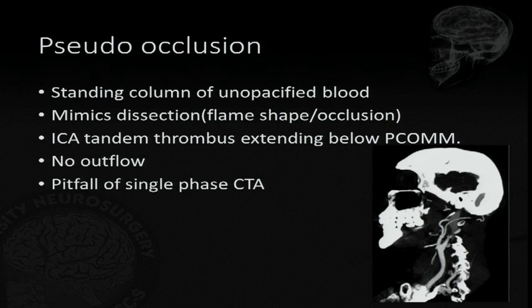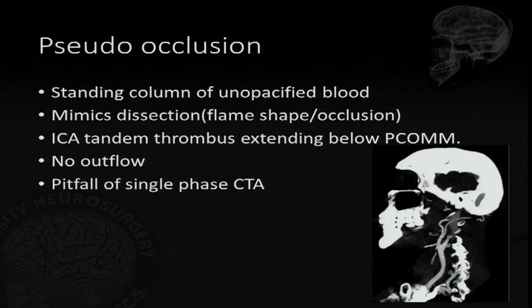Pseudo-occlusion, this is just something to be aware of. That's going to be one of the pitfalls of CTA, and it's going to mimic a dissection, like a flame-shaped type of occlusion. That's because you have a standing column of blood here that doesn't allow the contrast to go up.